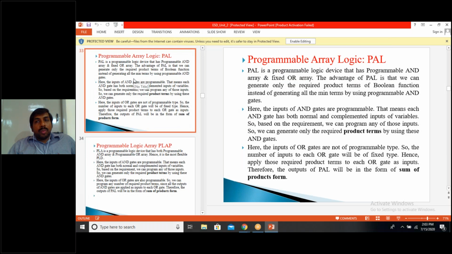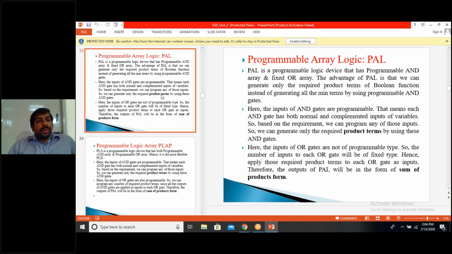Whereas programmable array logic is a programmable logic device where you have a programmable AND plane and a fixed OR array. So the advantage is we can generate the required product terms of a Boolean function, instead of generating all the min terms, by using programmable AND gates.